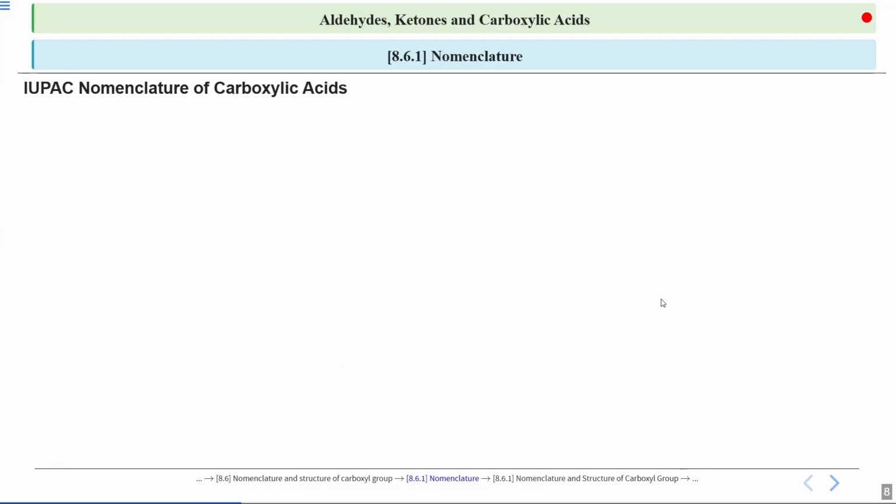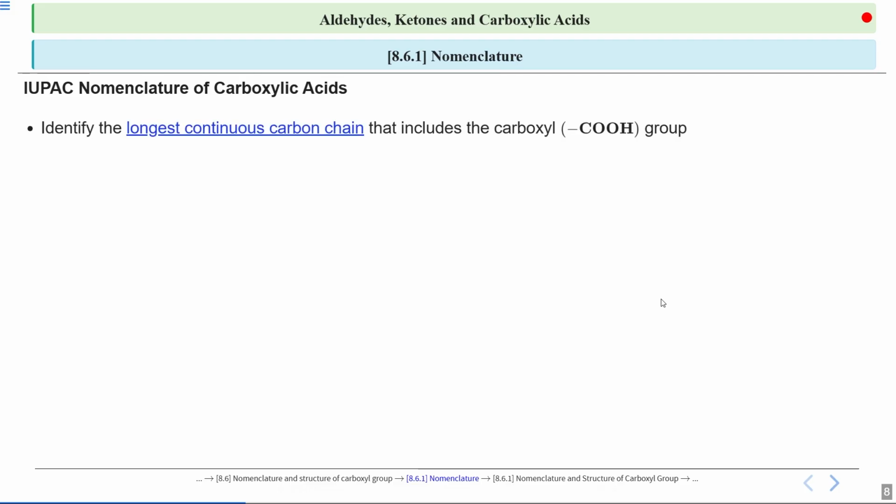Now we will see the IUPAC nomenclature of carboxylic acids. Previously we saw the common names. Now we will see the IUPAC name. The first step in naming a carboxylic acid is to identify the longest continuous carbon chain that includes the carboxyl group.